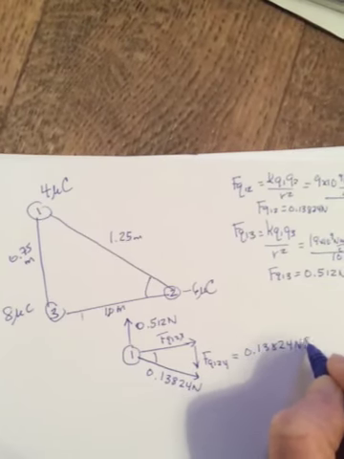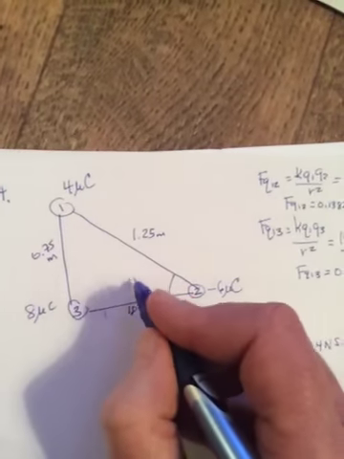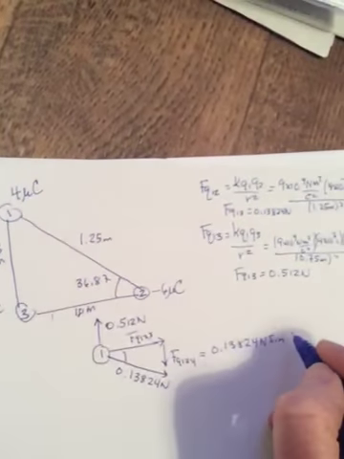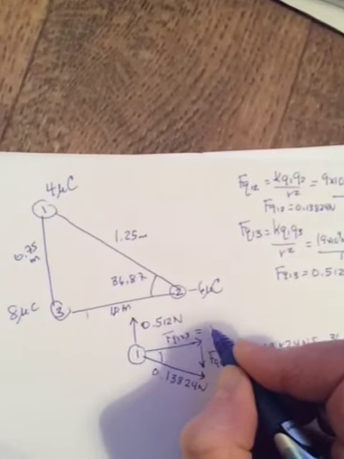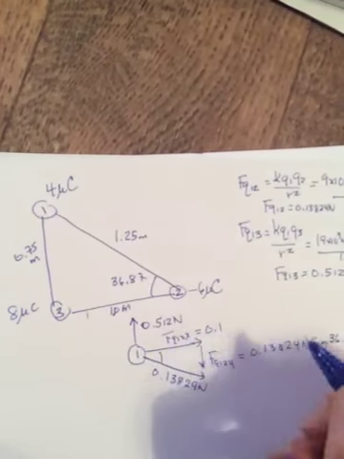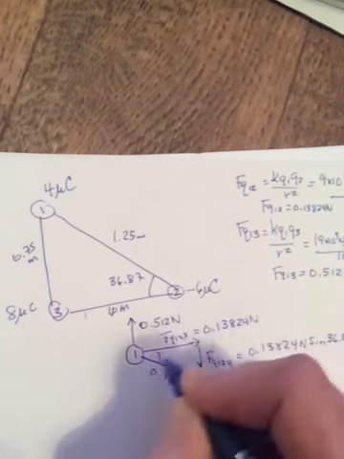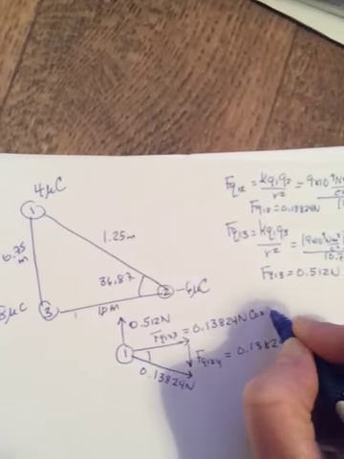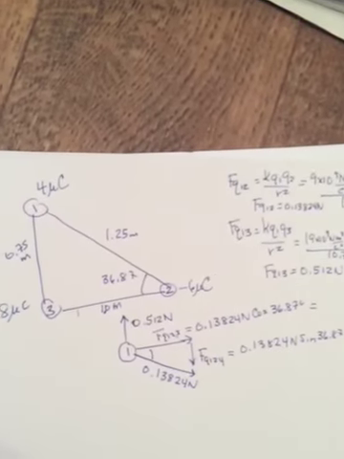So y is going to be opposite, so 0.13824 newtons sine of, and this is a 3, 4, 5, so this is going to be 36.87 because it's the smaller side. And this one's going to be 0.13824 newtons, and it's the adjacent, cos, again, of 36.87 degrees.